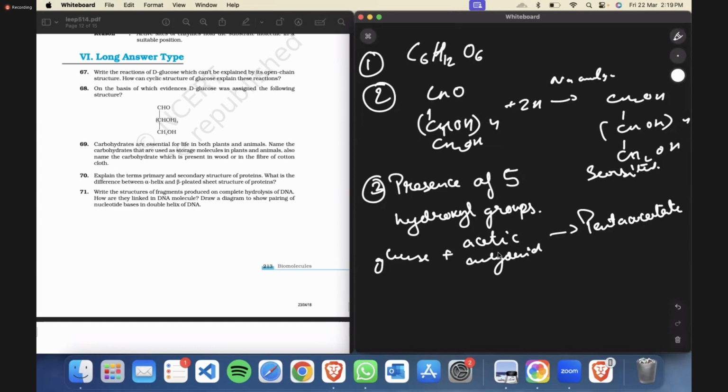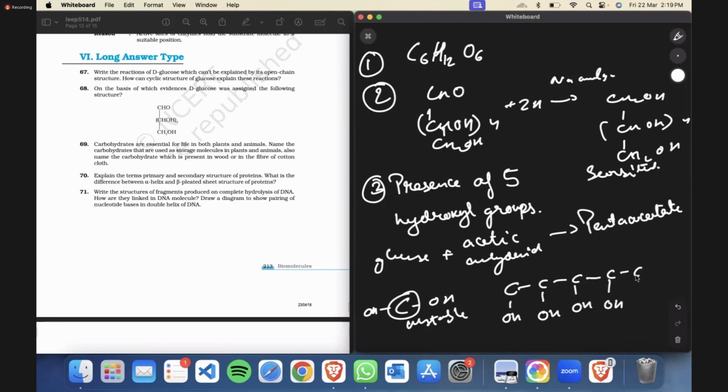We know that the presence of two or more OH groups on the same carbon atom makes the molecule unstable. Now, since glucose is a stable compound, therefore five OH groups must be present on different carbons. See, suppose there are two OH on the same carbon, and both are converted to acetate, then it will be unstable. So since glucose is a stable compound, this means that each carbon has its own OH, five times. Got this point? Pentaacetate.